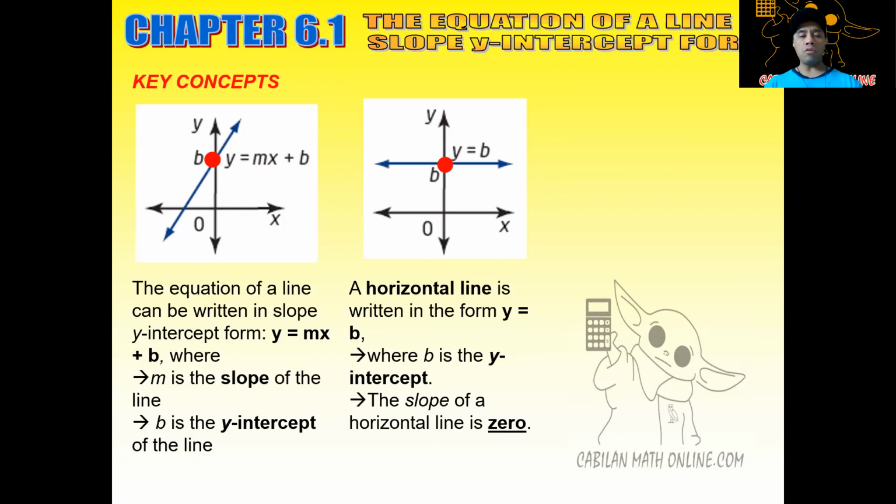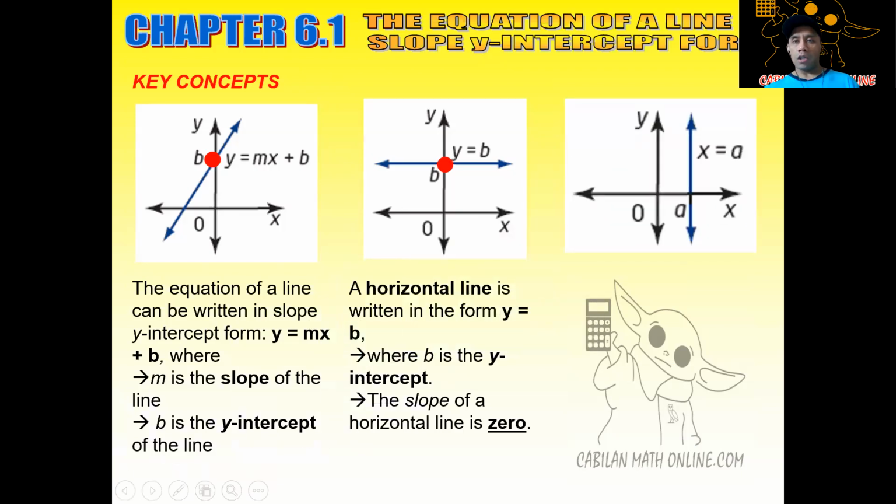Based on the lines you see on the screen, horizontal lines and lines going up or down will always start off with y equals. The exception to that is when you see a vertical line, a line that goes from the top all the way to the bottom. Where it touches the x-axis is going to give us the equation of a vertical line.